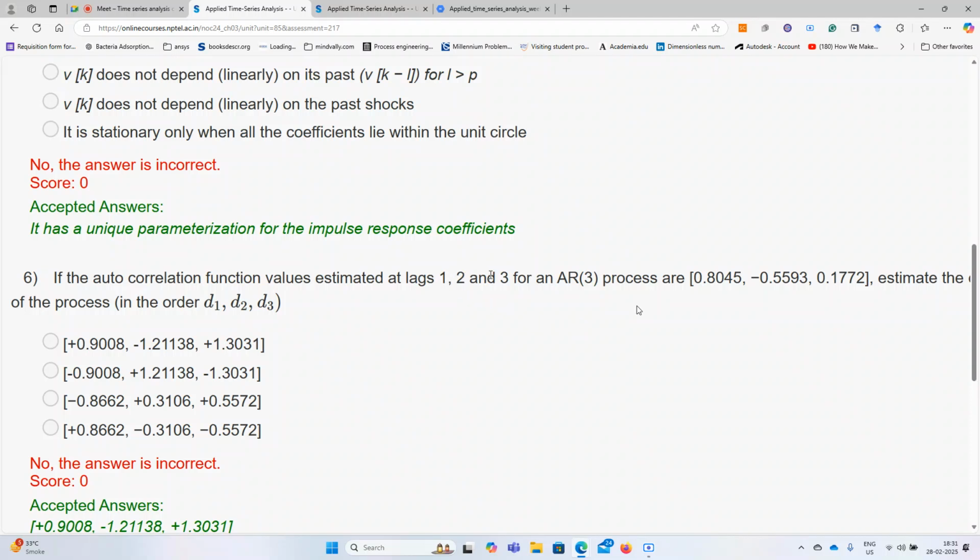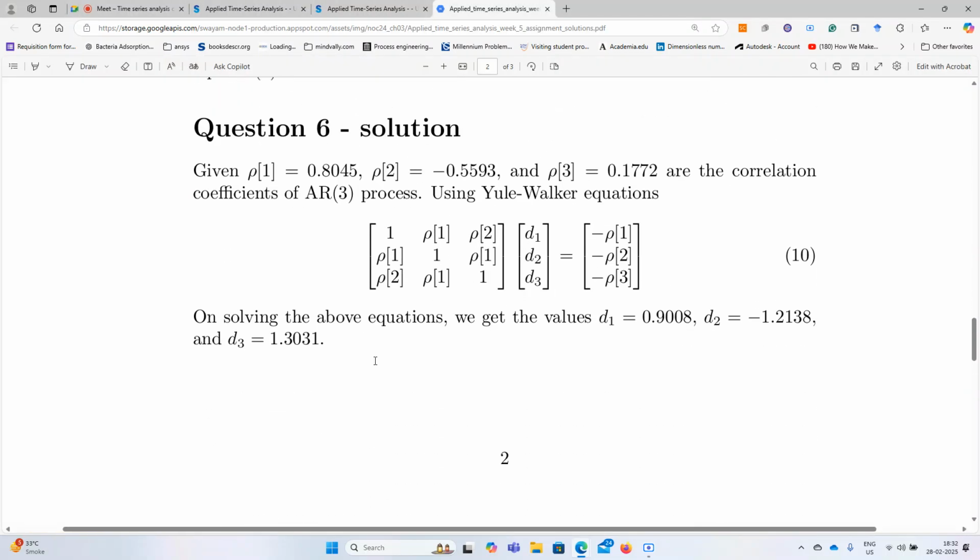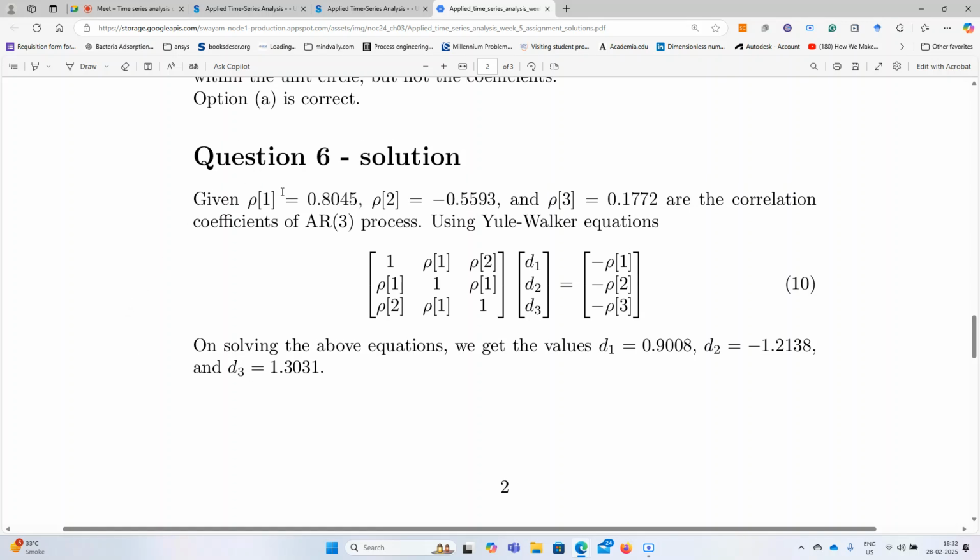If there are ACFs 1, 2, and 3, these are the values of the lags. So let's open the solution. If lag 1, lag 2, lag 3 are these correlation coefficients of an AR process, you can use the Yule-Walker equation to find out D1, D2, D3. You have to just invert it and you will get the answers.